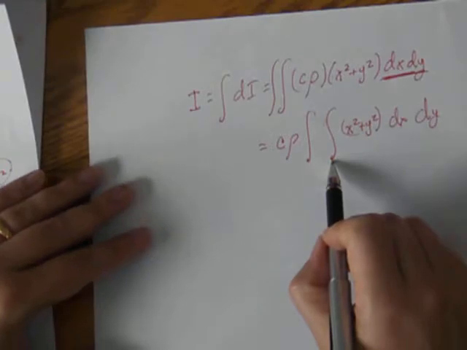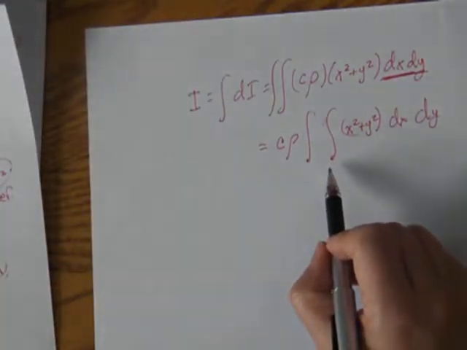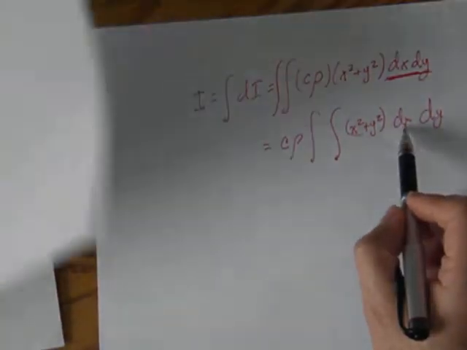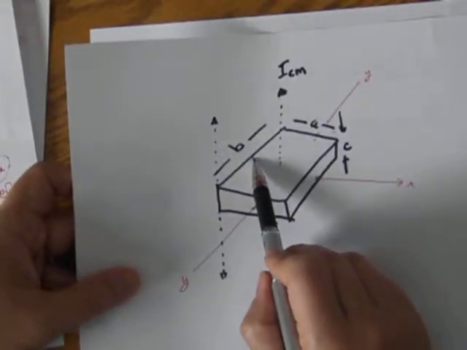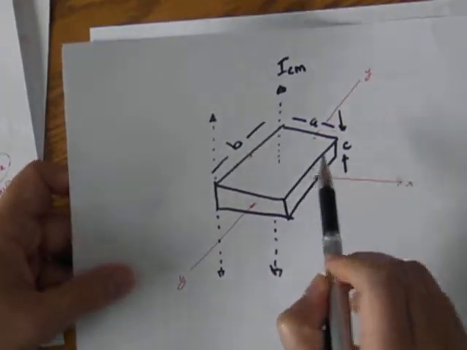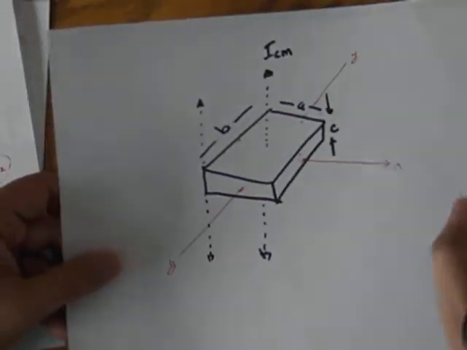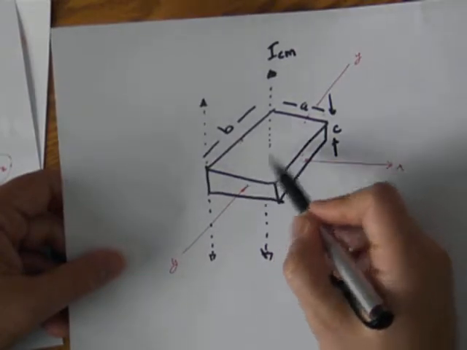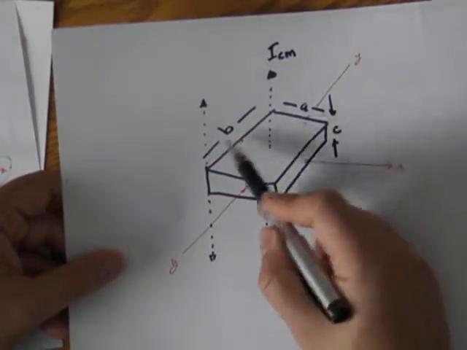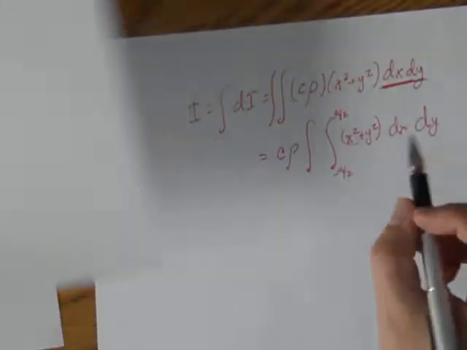And so now, by looking at the slab, x is changing from negative a over 2 to positive a over 2. Y is changing from negative b over 2 to positive b over 2 to get a total length of b.